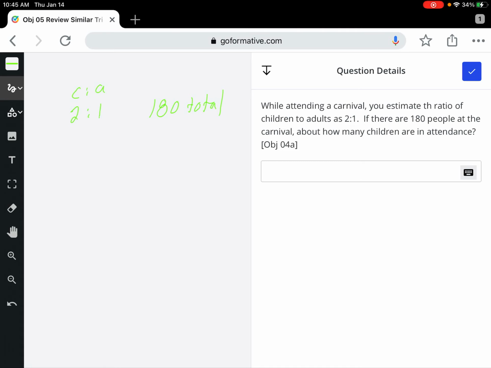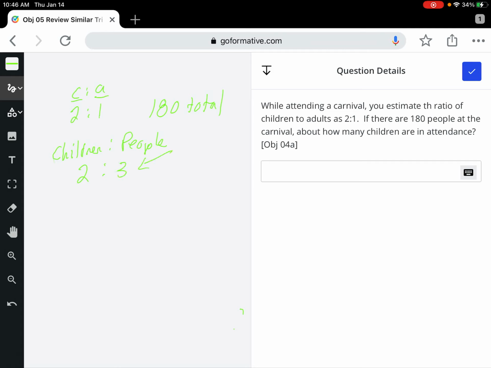So there's a couple ways to do this. One way is to say, okay, well, if the ratio of children to adults is 2 to 1, then the ratio of children to people is going to be 2 to 3.